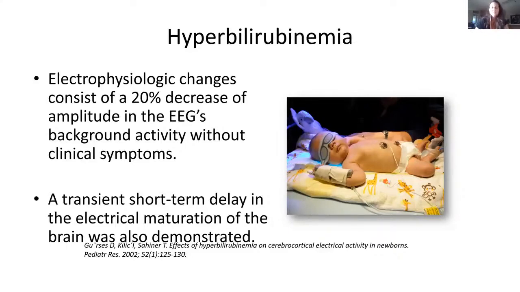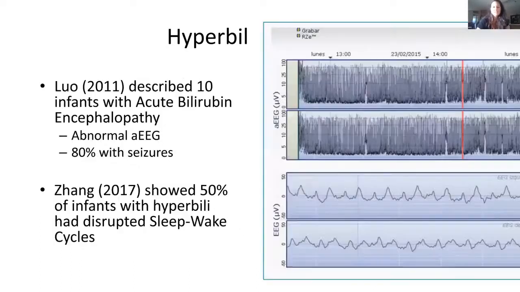But basically, some of these papers are showing that there are some changes, up to a 20% decrease in amplitude without clinical symptoms, and that there is a delay in maturation as well. So interesting that the bilirubin, we know it can be toxic and cause injury, but interesting to think of it in this way as well.